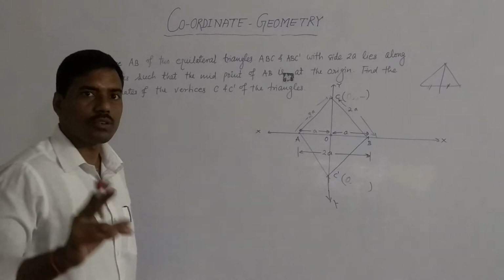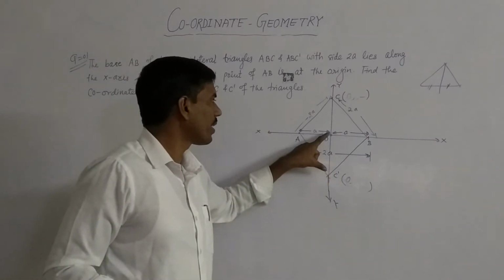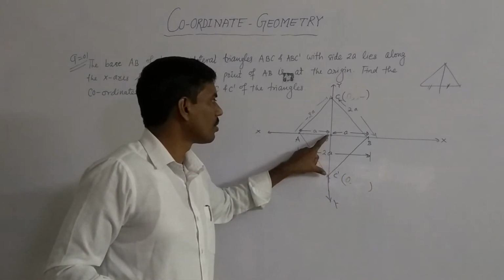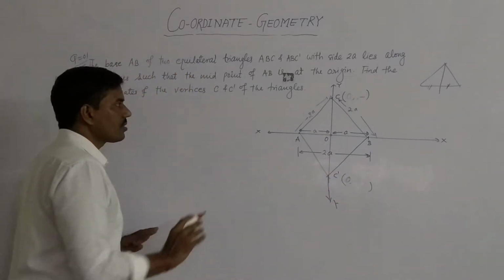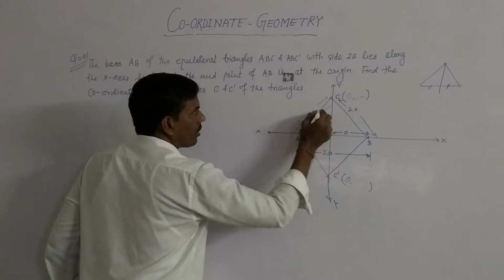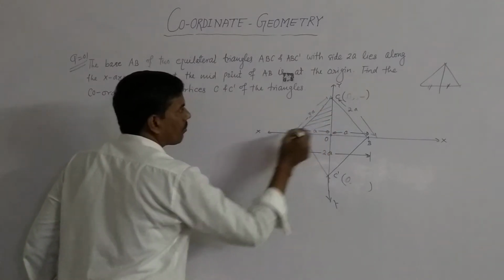The y coordinate is OC, and for C dash the y coordinate is measured by O C dash. For this, we have to take triangle OBC.